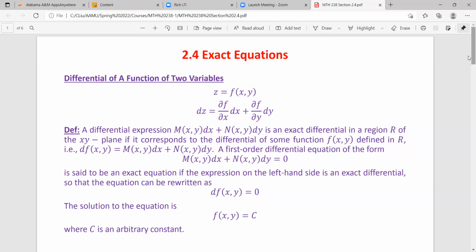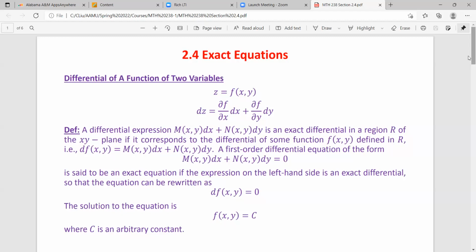So if you look at the definition of the differential of a function of two variables, dz equals partial f partial x dx plus partial f partial y dy. Because f is a function of x, y, when you take the partial derivatives of f with respect to x or y, then you get another function of x and y for the partial derivative. So that makes sense.